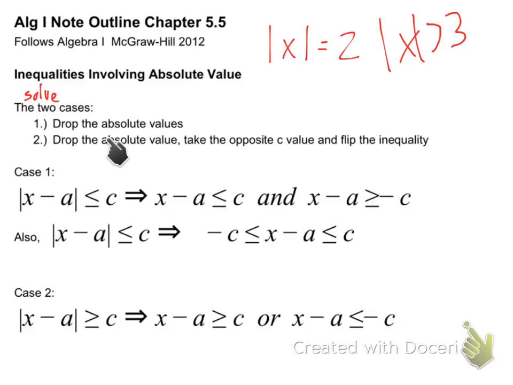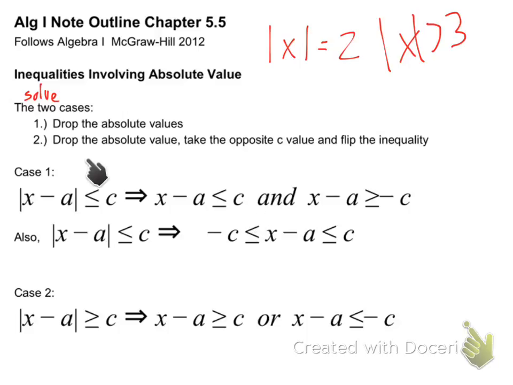So in step 1, it says just drop the absolute values. Guys, I cannot solve an absolute value equation without getting rid of the absolute values. I just don't like them. I can solve it algebraically without. And so what I say is, just take them away. Just drop them. So now you have x minus a is less than or equal to c. That alone will give you half of the answer.